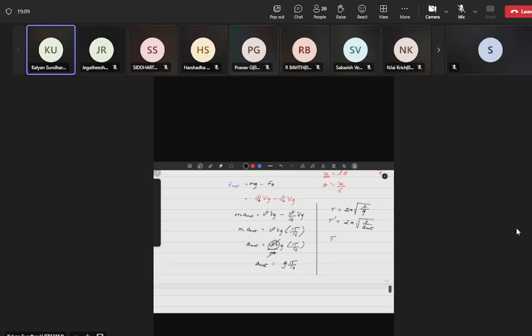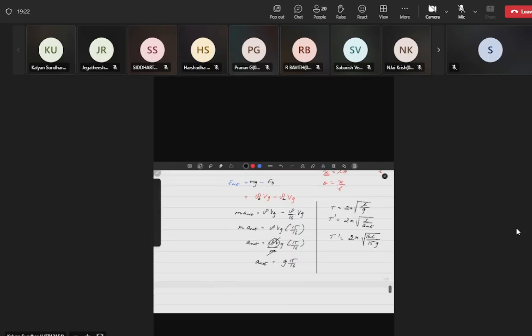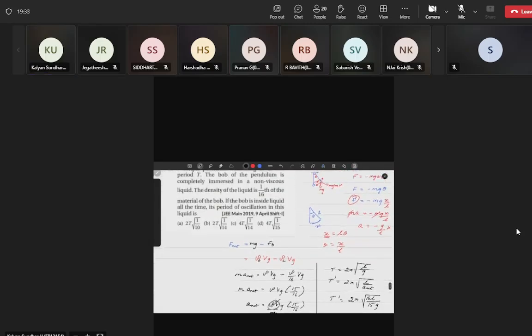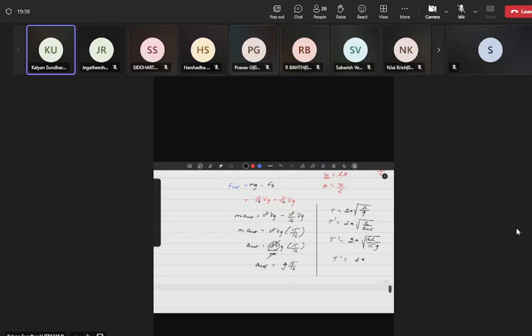So let T be T dash. T dash will be equal to 2 pi under root of l by 15g by 16. Now I have to write it in terms of T. T is 2 pi under root of l by g, that is the T expression, and this gives 4 by root of 3 power.